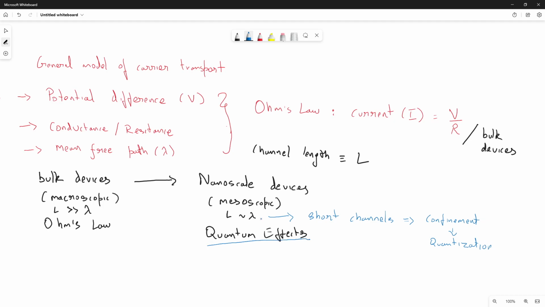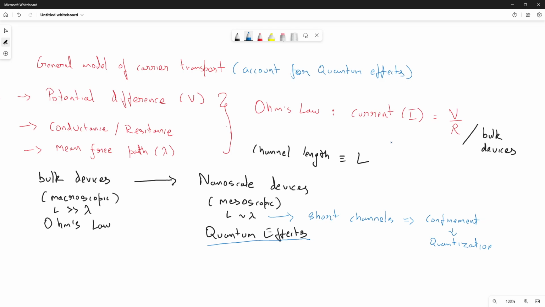So essentially now we need a model of transport that can account for quantum effects. That is our only aim at this point, and that is our chief concern for around half of the course.